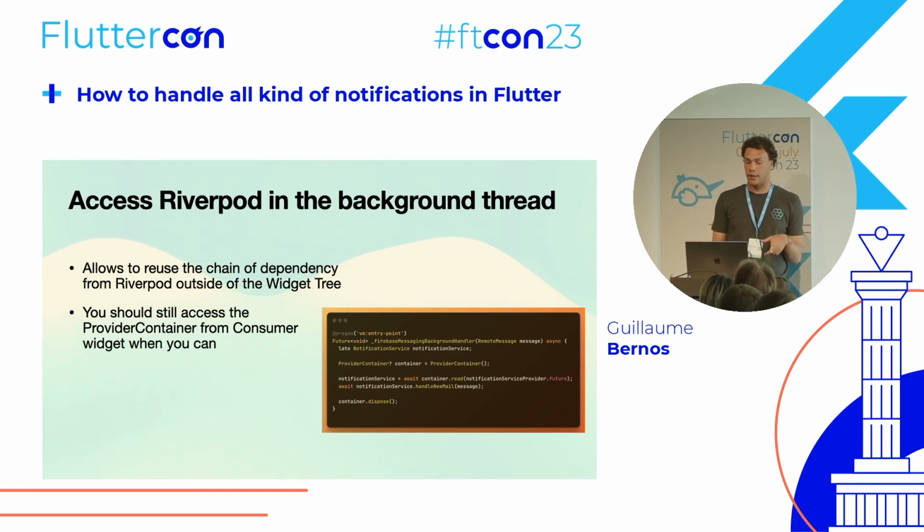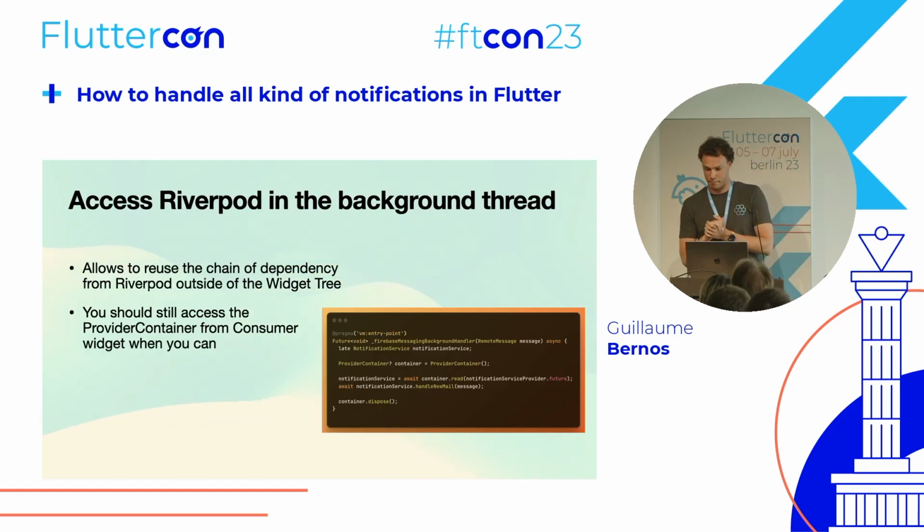And then at the end, you shouldn't forget to use container.dispose. Otherwise, you might get two instances of Riverpod running in parallel when your app is opened by the user, which is not good. So you have to use dispose at the end, and then you can use Riverpod normally, which is really nice because you're still outside of the widget tree, but you can reuse all your service providers and things like that.